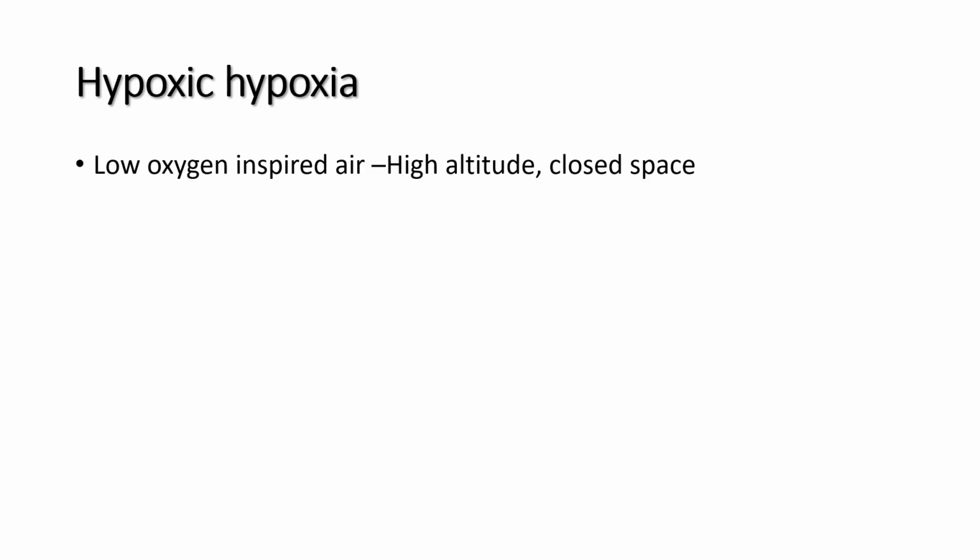Decreased oxygen tension in the arterial blood produces hypoxia. It is otherwise called arterial hypoxia. It may be due to lower oxygen tension in the inspired air. It may occur at high altitude or in a person living in a closed space, where the oxygen tension is low in the inspired air.